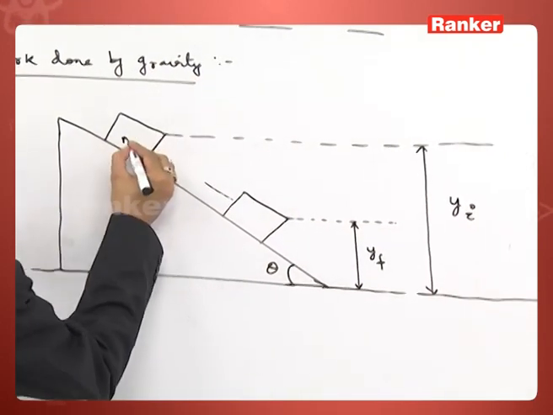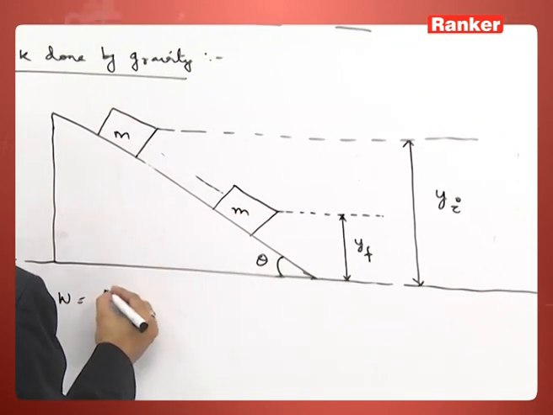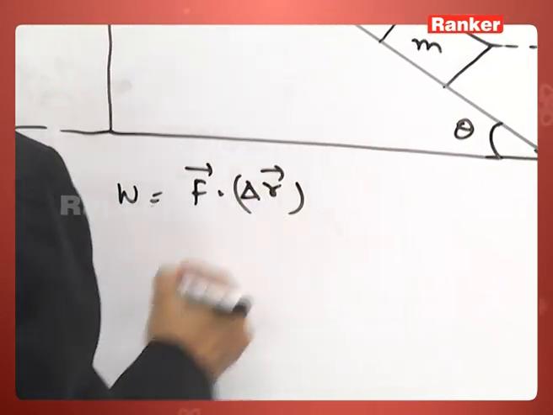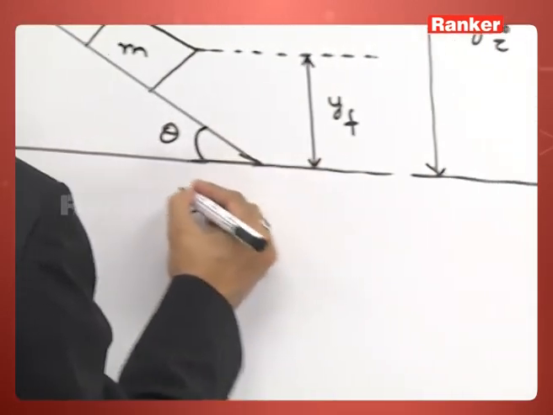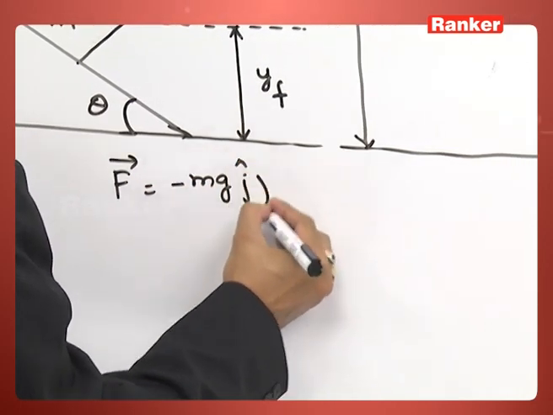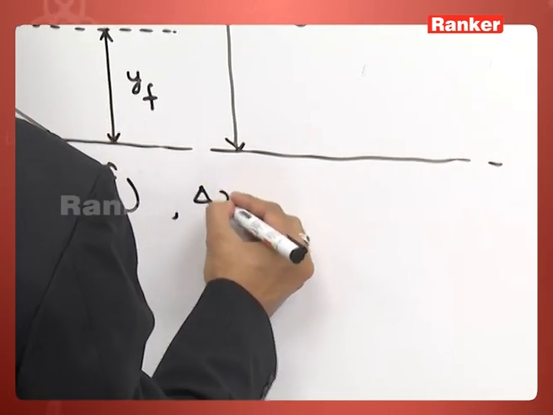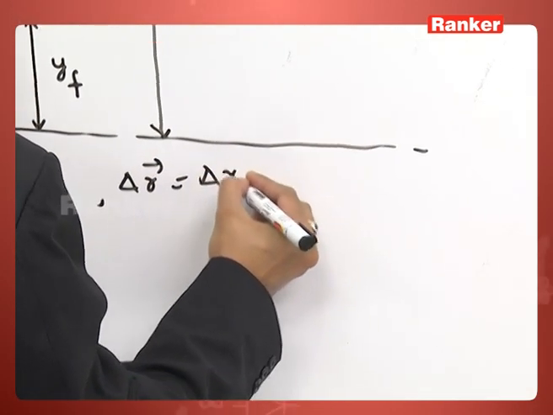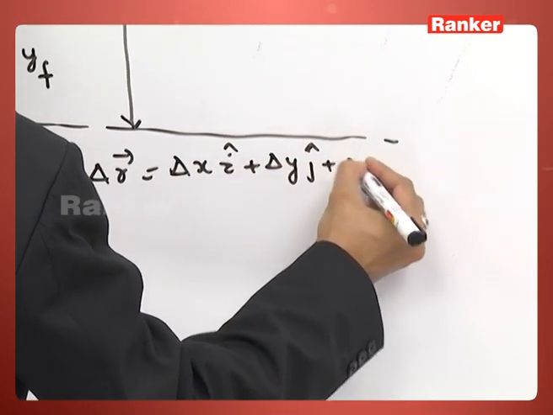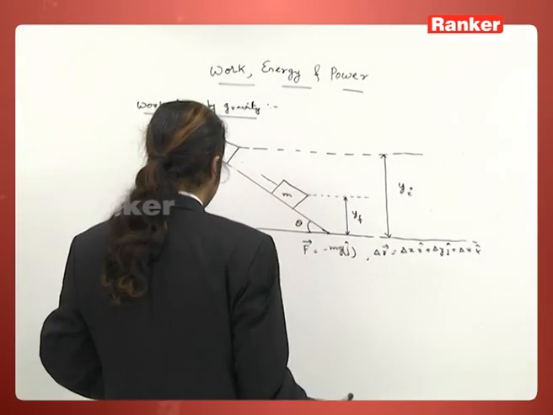So work done is F dot delta r, and here F vector is equal to minus mg j vector, and delta r vector I write as delta x i cap plus delta y j cap plus delta z k cap, and I take the dot product.